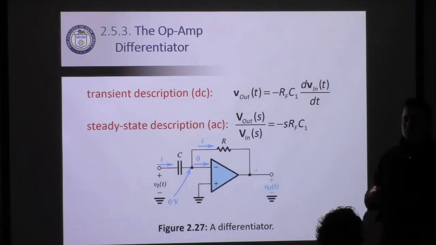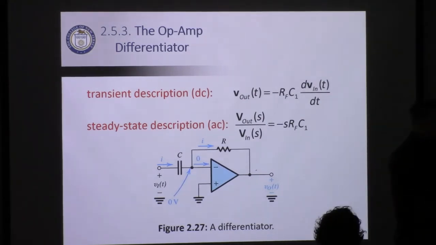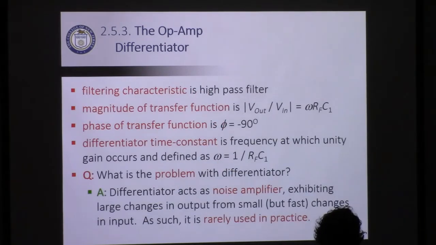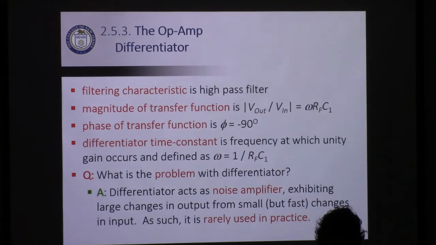So hopefully that makes sense to everyone and sort of sticks out. But if it doesn't, you want to make sure to take a look at something like that again. The differentiator time constant is the frequency at which unity gain occurs, and it's defined as 1 over RC.